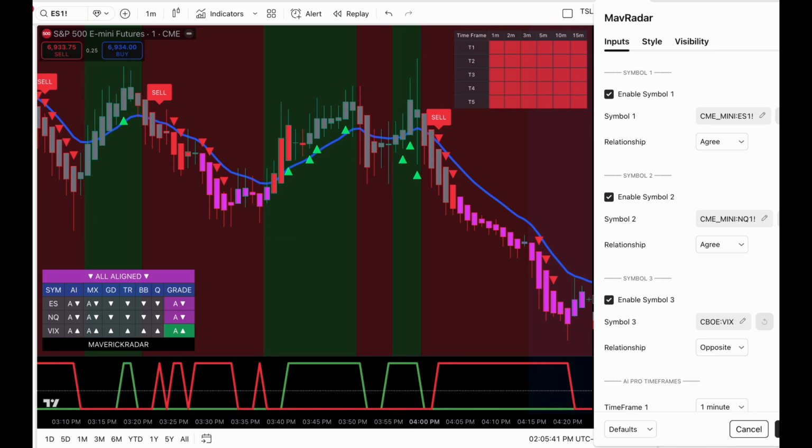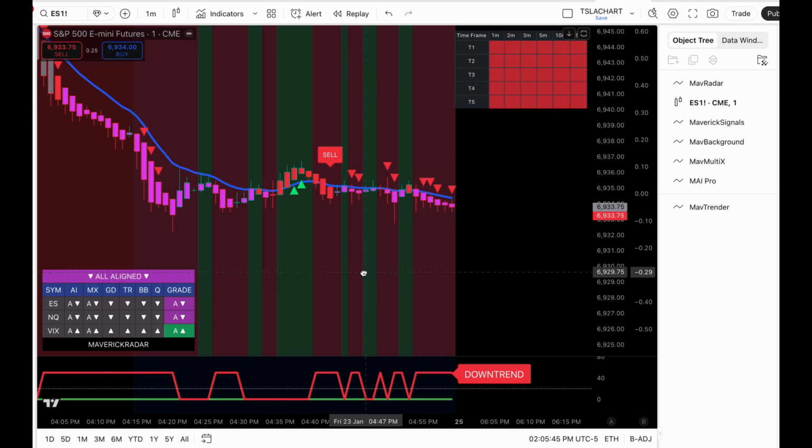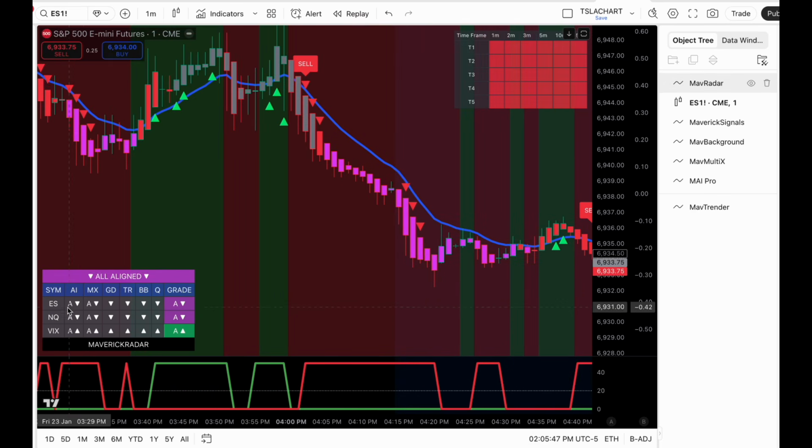instrument. So now I'm not getting into an ES trade unless ES has an A+ setup, NQ has an A+ setup, and then the VIX has an A+ setup to the opposite. Okay. And by the way, let's say this is another symbol that you wanted to be in agreement with this one.